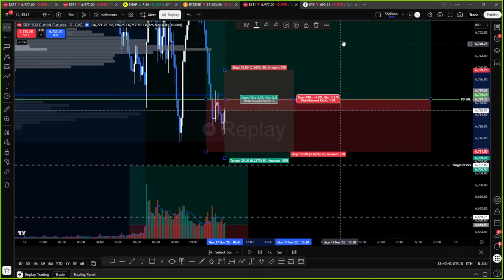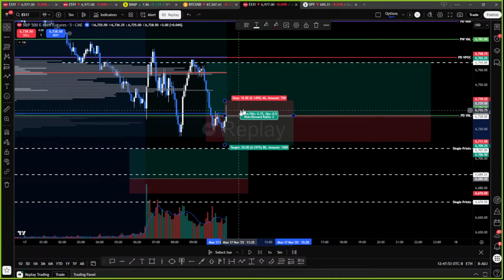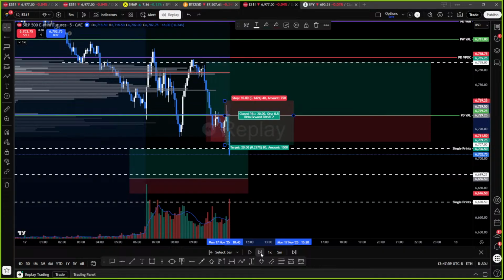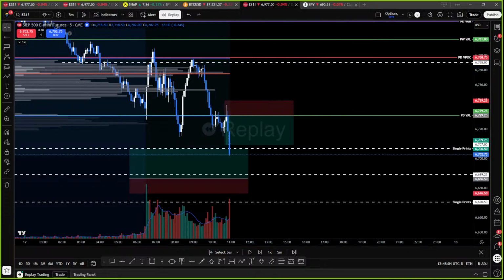But I'm going to let the other trade play out. I'm going to get stopped out on one of these for sure, right? The only ones that we're counting, though, are the 10-point stop, 20-point take profit. So that worked. This would have failed, right? So now we're 2 wins, 2 losses.